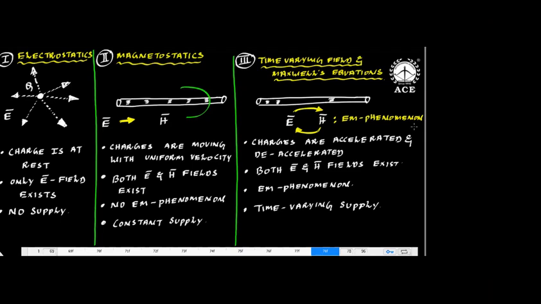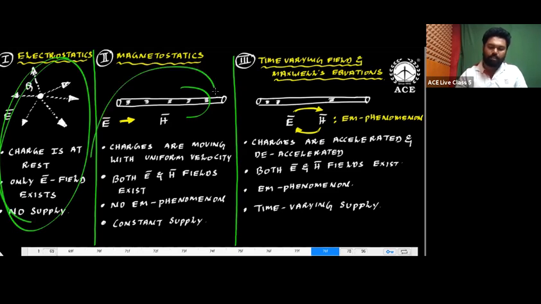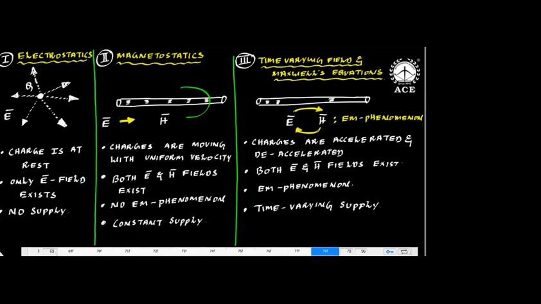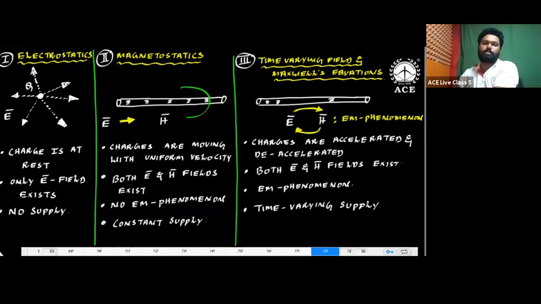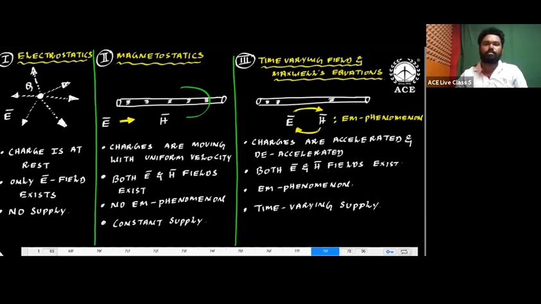In the second option, you have written no EM phenomena, I want details. We have started with this one, let me finish this one. We'll come to this later. We're going to have a detailed explanation. So there exists a magnetic field. That's what.